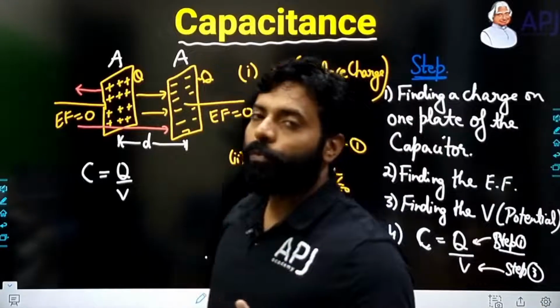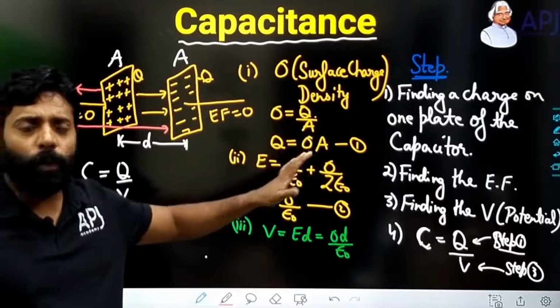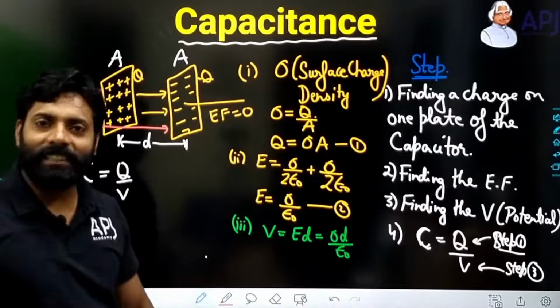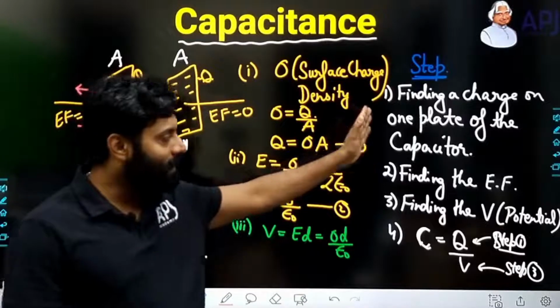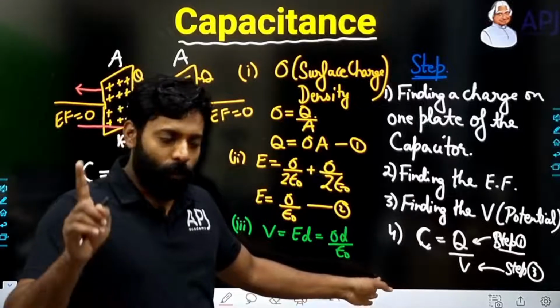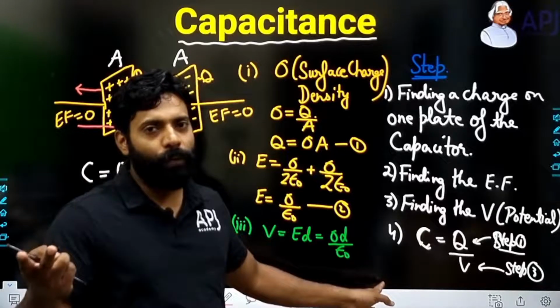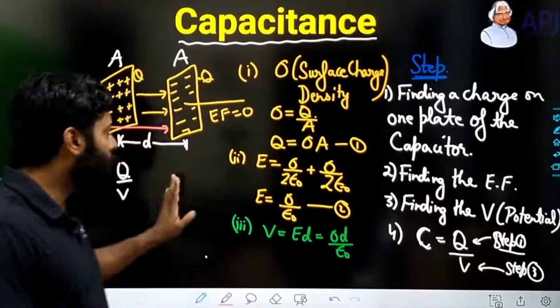We are deriving the formula, and I gave you very good concise steps. I told you that these are the things which we will be doing. No matter whatever questions you are solving, whether for the spherical capacitor or the parallel plate capacitor, you have to do this only.